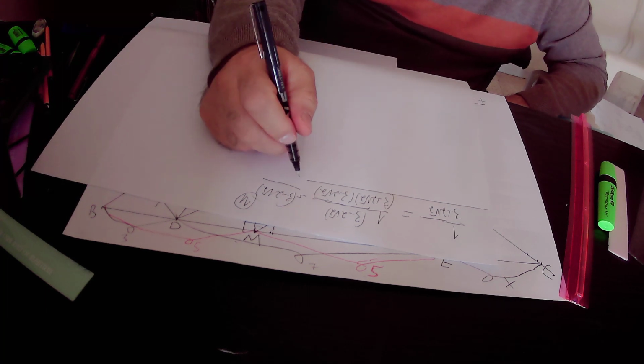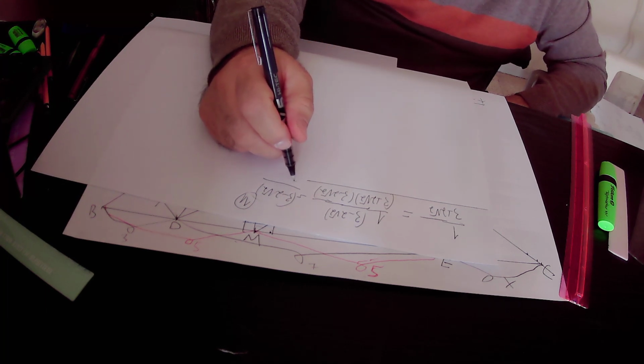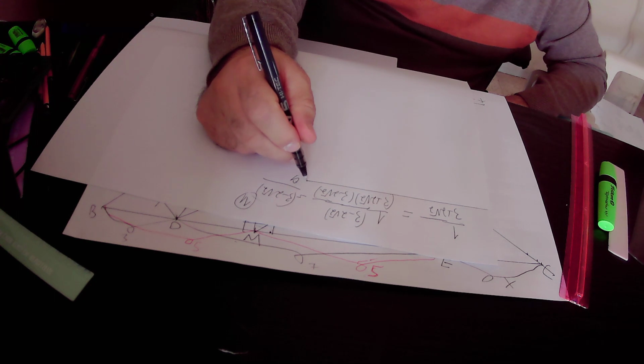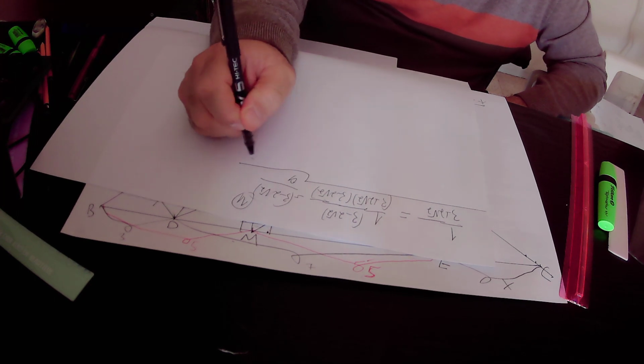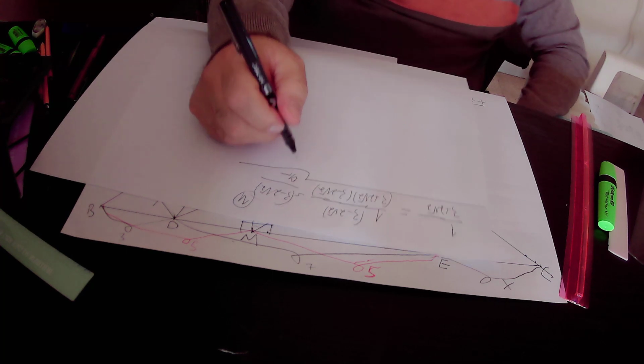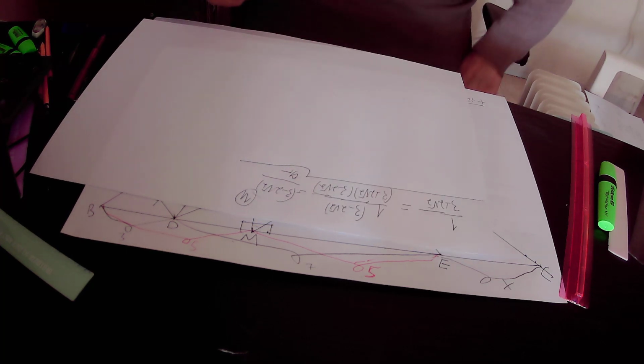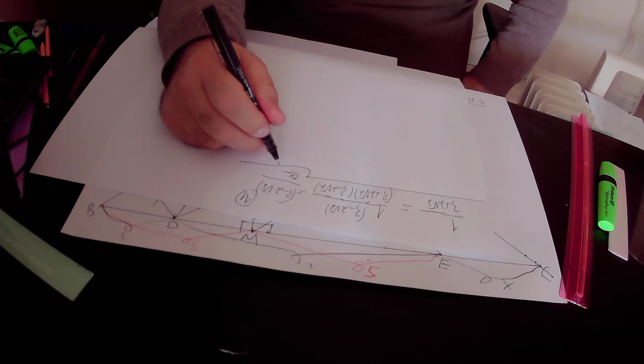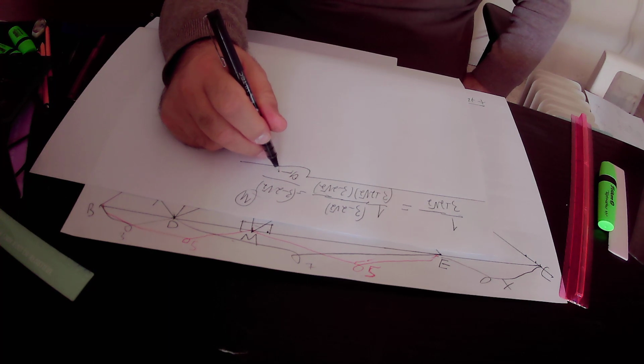Here a is 3, so a square is 3 square, 3 square is 9, minus b square. B is 2 times square root of 2, so b square is 2 times square root of 2 square, that is 8. So in conclusion, in the denominator we have 9 minus 8.